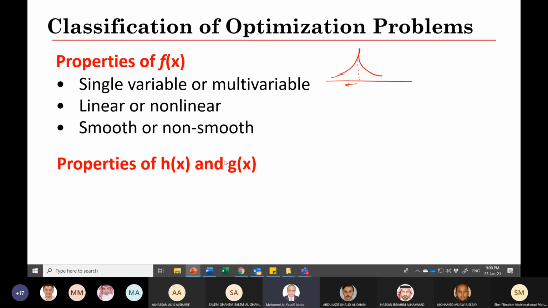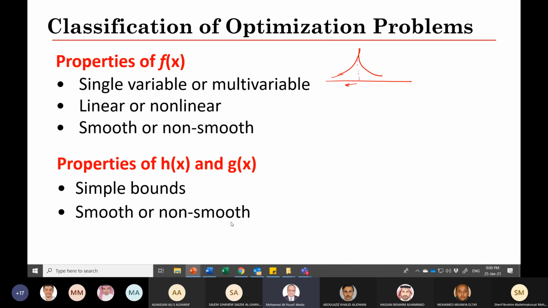Properties of h of x and g of x, equality and inequality constraints, simple bounds, smooth or non-smooth also for these constraints, linear or nonlinear constraints, and also no constraints if you have an unconstrained problem. Maybe you have an unconstrained problem.